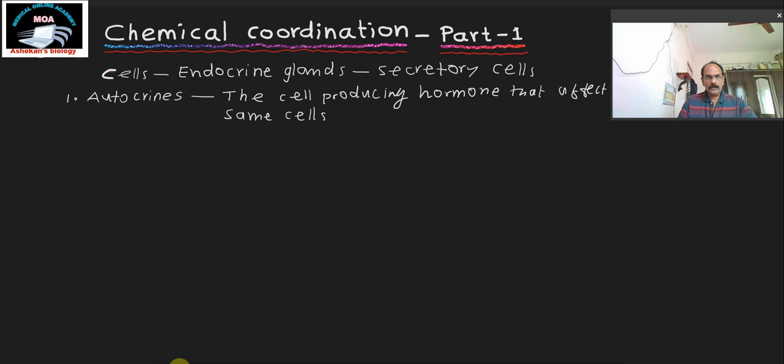Okay, so suppose this is one of the cells. It is producing the hormone, and this hormone I can show in this color. This is the hormone, and this hormone is acting on the same cell. It is producing and it is affecting the same cell. Then this cell is known as the autocrine cell. So the cell producing the hormone and that hormone affecting the same cell, not any other cell, is known as an autocrine cell. And the gland containing the autocrine cell is known as an autocrine gland.